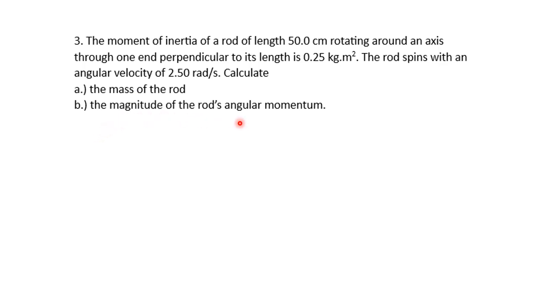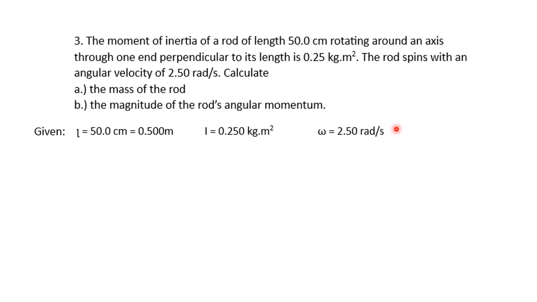So we have two unknowns here, the mass of the rod and the angular momentum. So how do you find the mass of the rod? So given L equals 50 centimeters or 0.5 meters, then we have the moment of inertia is 0.25 kilogram meter squared and an angular velocity of 2.5 radians per second.